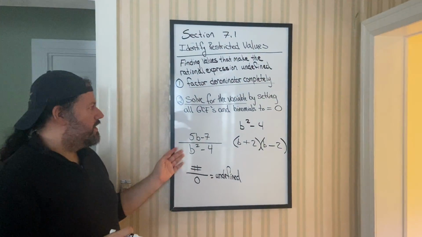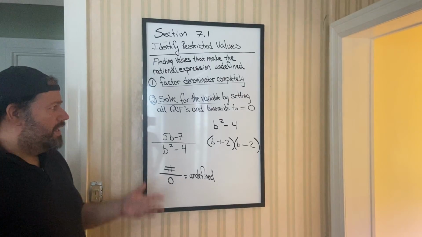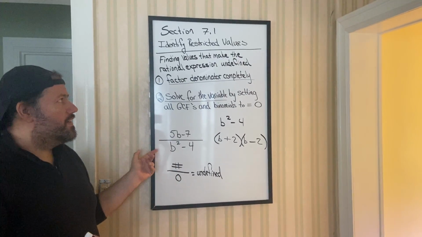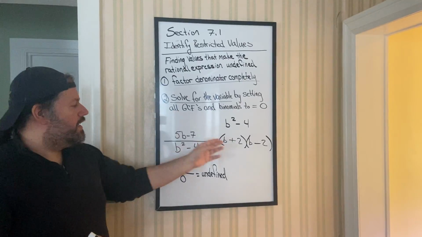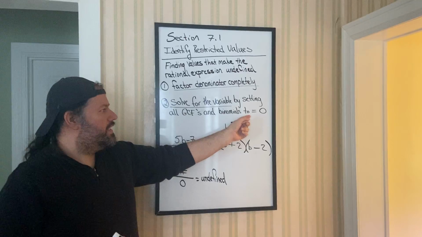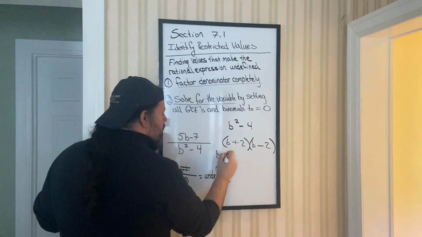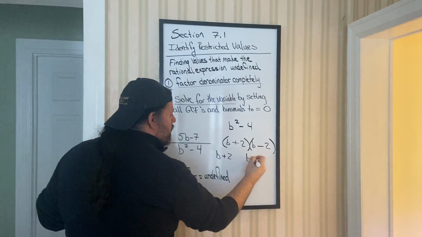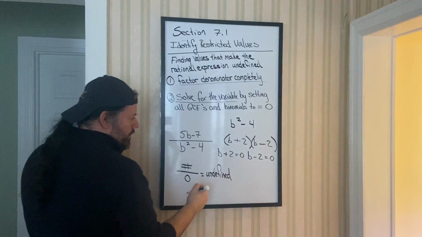Now that you factored out the denominator, step 2 says you're going to solve for the variable. This is basically what we learned in section 6.7, where we're going to take each of these parentheses, each binomial, and set it equal to 0. That way, we can solve for the variable.